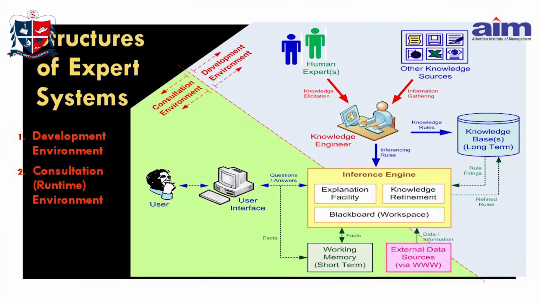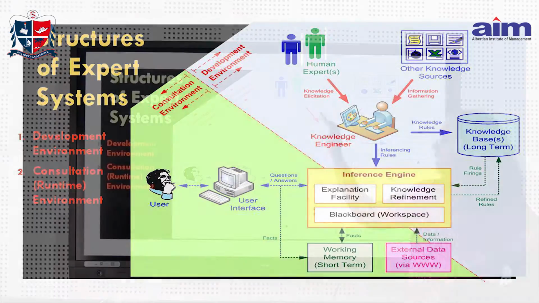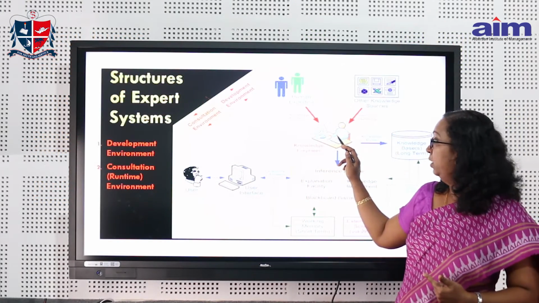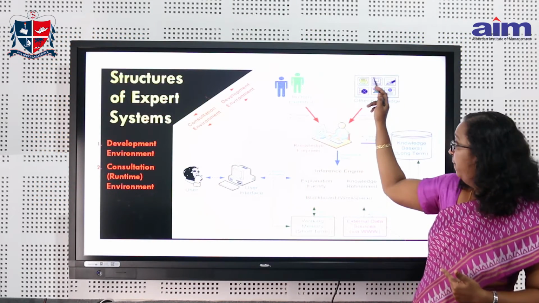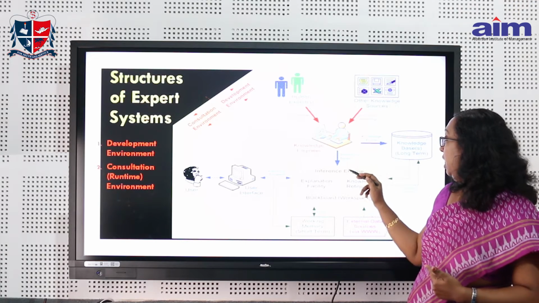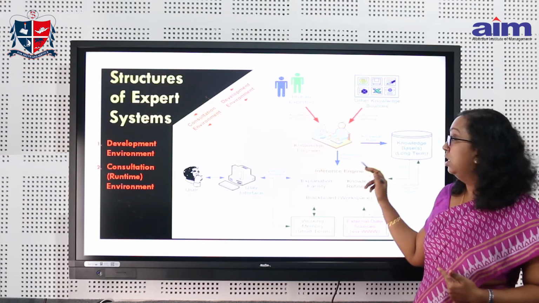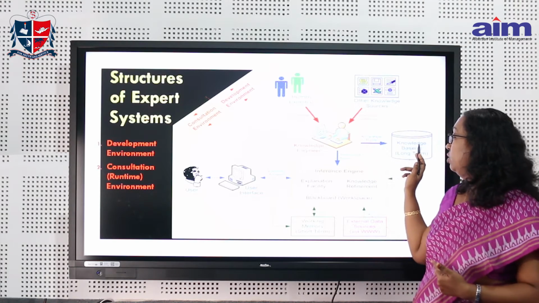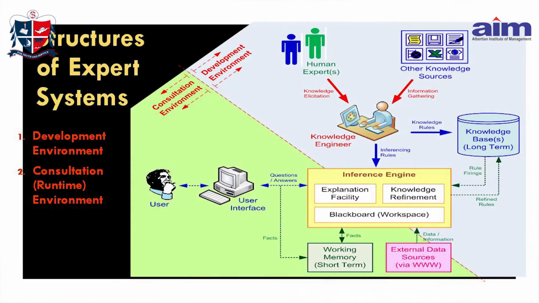Now, how does the process work in the back end? There is a human expert and there is a knowledge engineer. He elicits knowledge from the expert and from other sources of knowledge, and he will create inference rules, as well as store it in knowledge-based systems for long-term use.